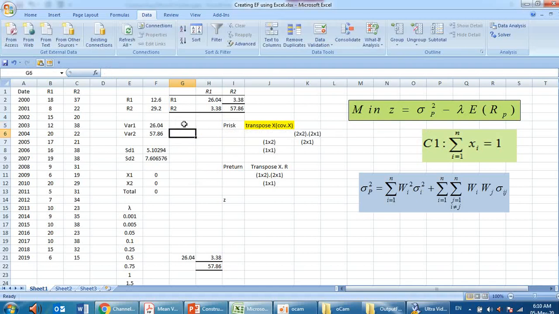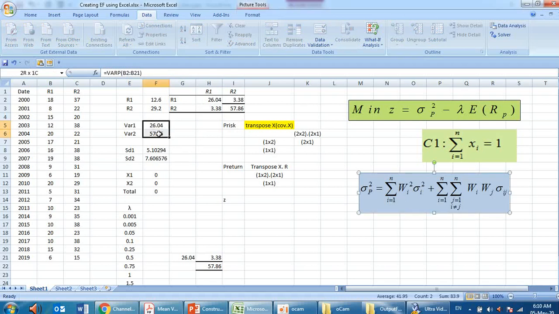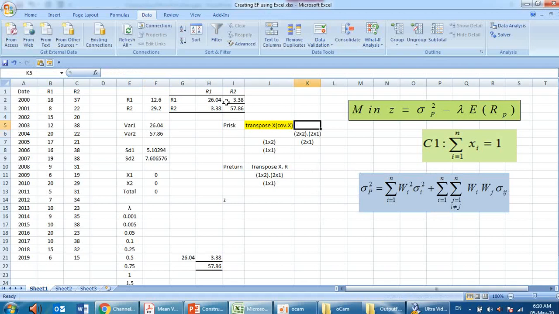Either way, if the data is big enough, more than 30 entries, and normally in finance we take 4 to 5 years of monthly data, that means 48 or 60 entries, then they tend to converge together. They become similar, not identical but similar. So either way is okay, because when you are going for this formula you'll be using this, and when you're going for the matrix operation, you'll be using the variance covariance matrix.